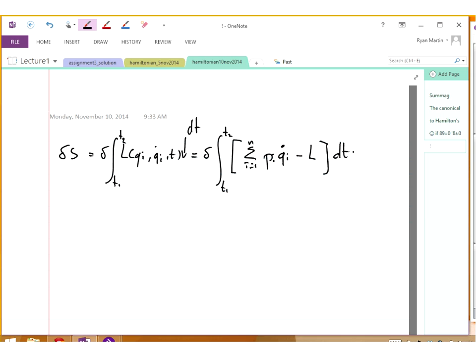So that's using the definition of the Hamiltonian. Oops, sorry, that should be an H, not an L. Otherwise it doesn't make any sense. And H is a function of q_i, p_i, and t. Right?